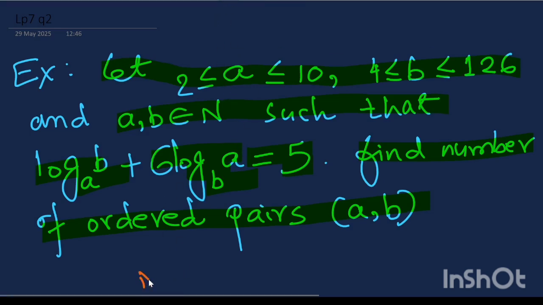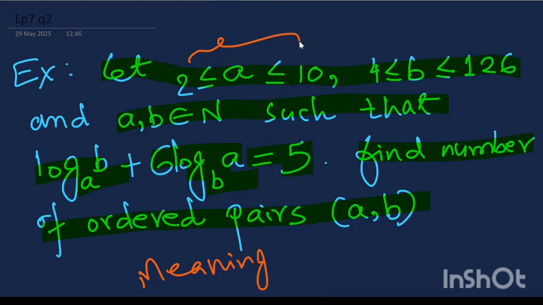First of all, if A is between 2 to 10 and A is a natural number also, it means A is 2, 3, 4, 5 and so on till 10.